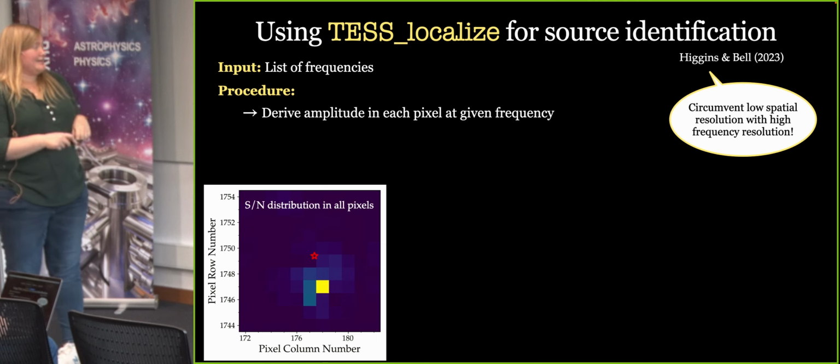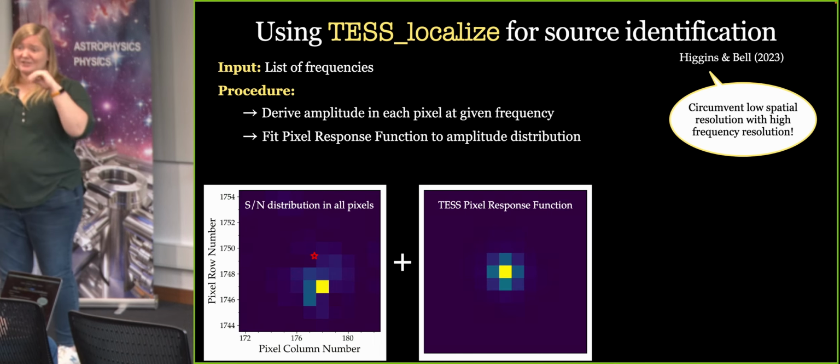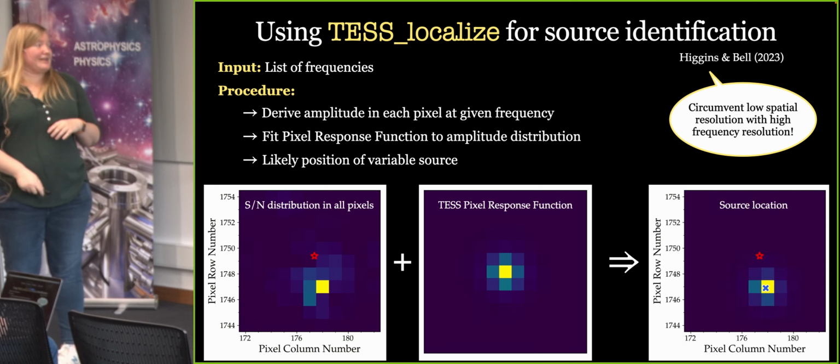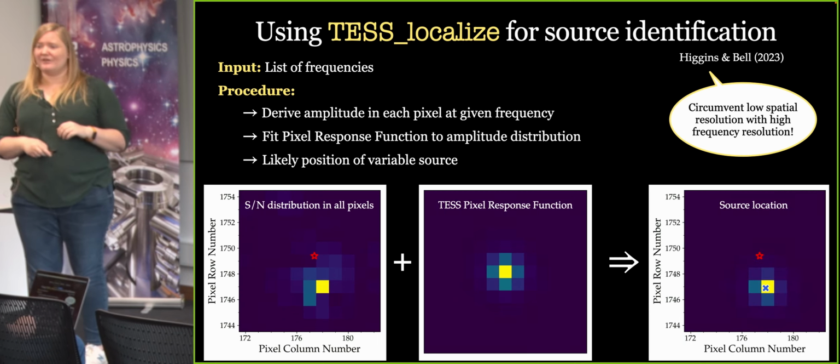In this case, we have higher signal to noise right here. You then apply a pixel response function that tells you how we expect the flux to fall for a star, model that, and then end up determining the position of the source of the variability.